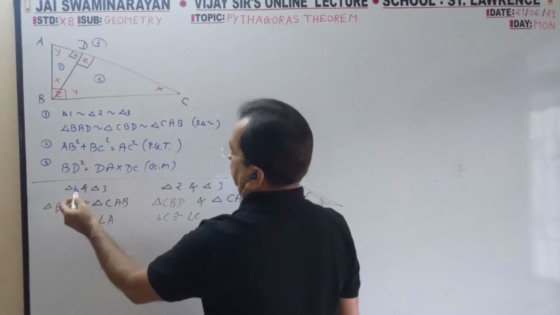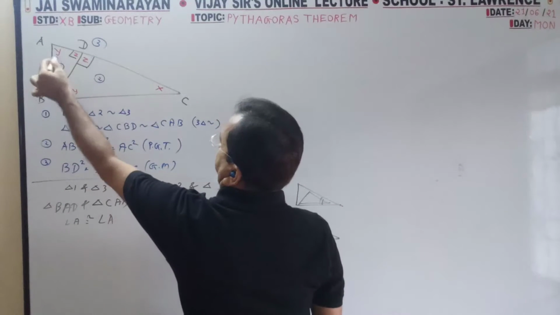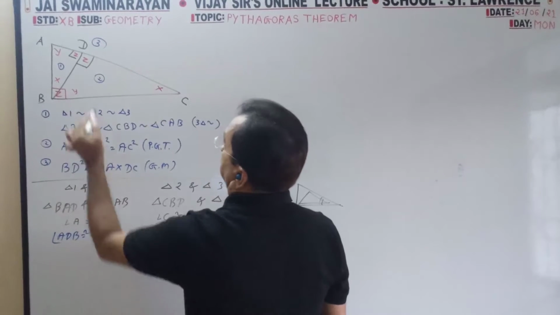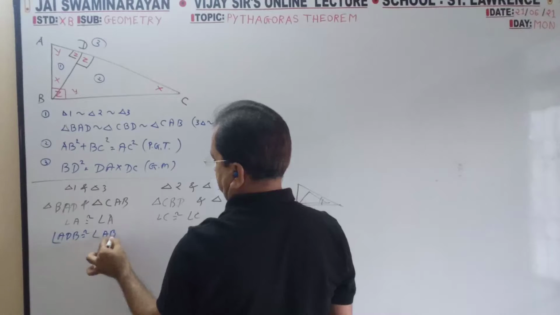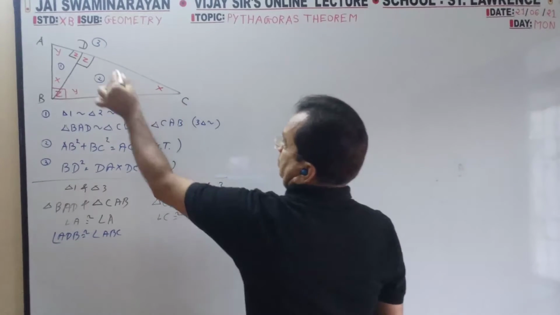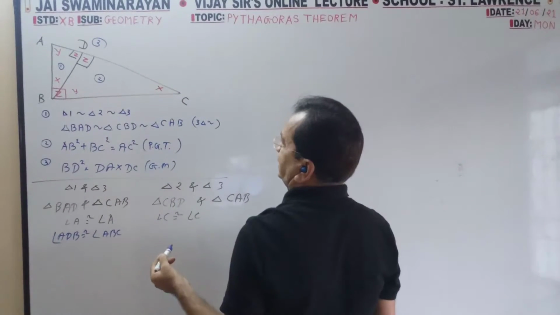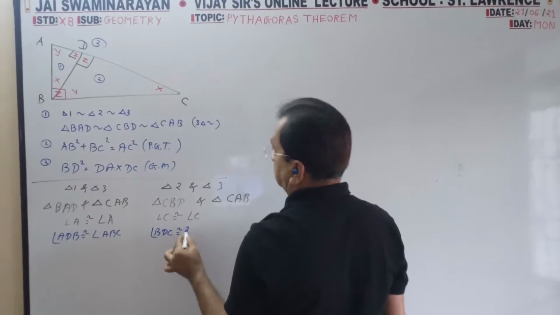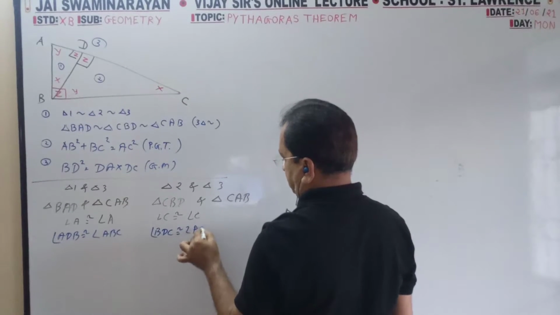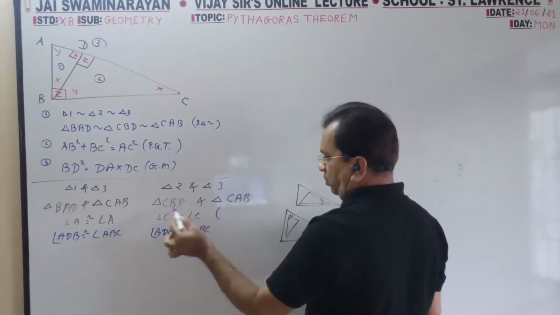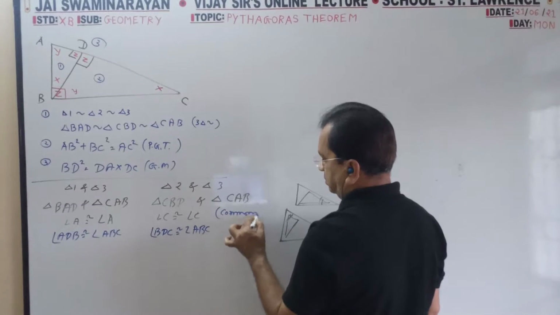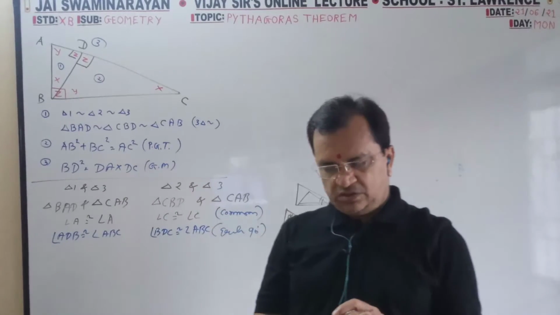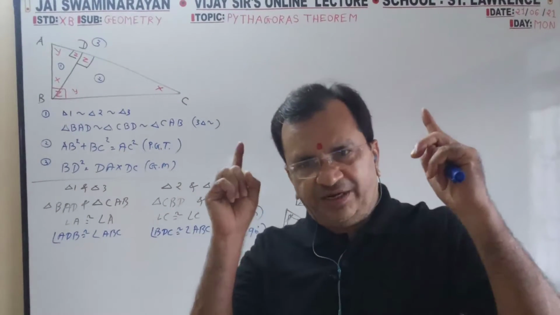So in number 1, which is 90 ADB, in this angle ABC, in second triangle which is 90 BDC, ABC. Here for both you can write common. Here each 90. One angle common, one 90, 90.